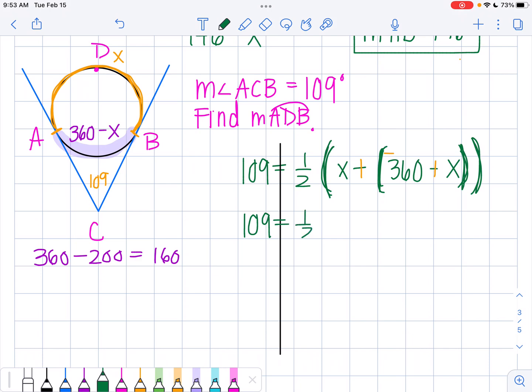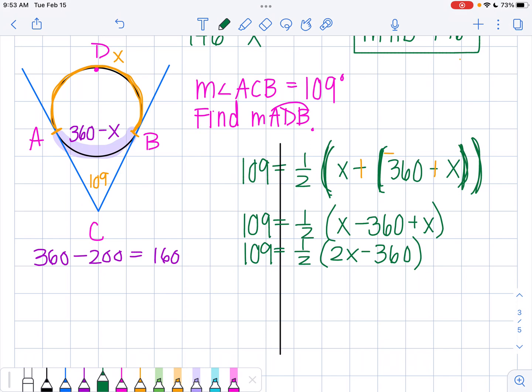So really this says 109 equals 1/2 times x minus 360 plus x, which, if we combine our like terms, is 2x minus 360. My preference when I'm solving these is to multiply both sides by 2 so that I don't have to deal with my fraction. So 109 times 2 is 218.